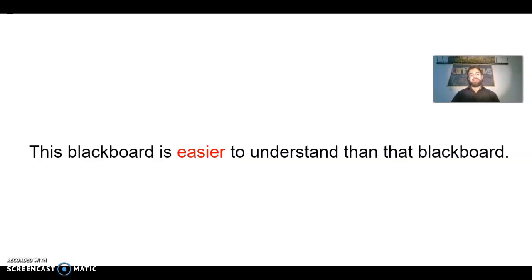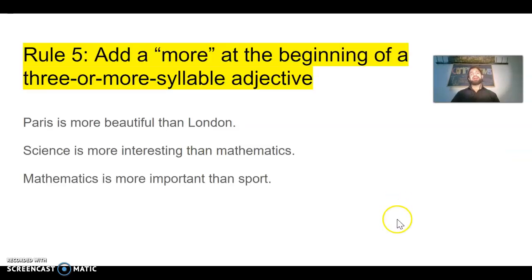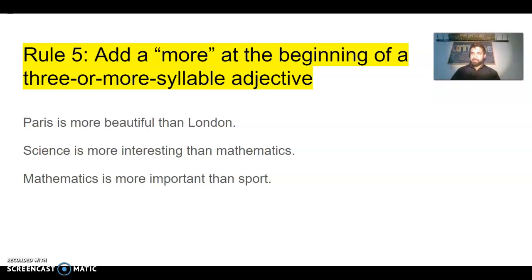Okay, let's continue. Add more at the beginning of a 3 or more syllable adjective. This is the last rule. When we have an adjective with 3 syllables, for example, beautiful or interesting or important, we do not say beautifuler, or interestinger, and we do not say importanter.